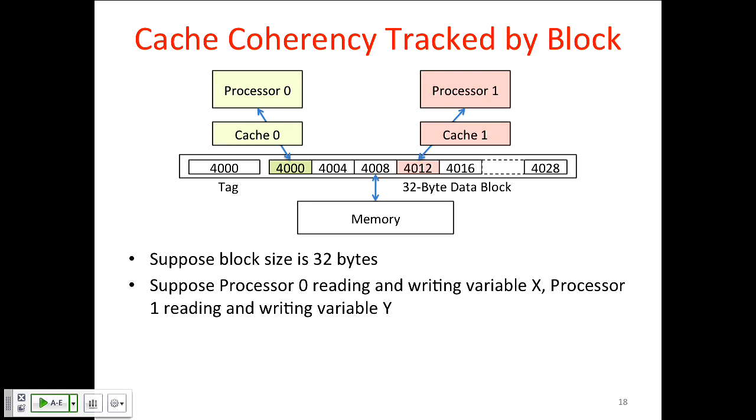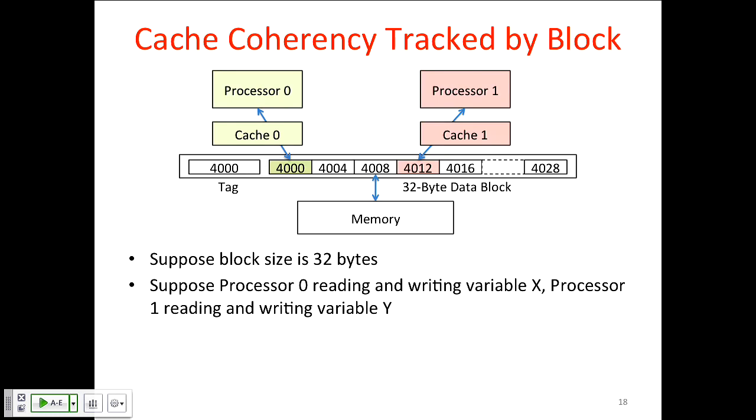Now let's imagine this processor is running a thread that's accessing a variable at location 4000. This processor is running a different task that's accessing memory at location 4012. Those are two different words in memory, but they live on the same cache line.